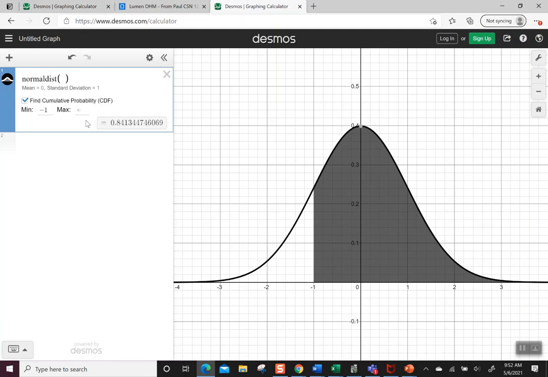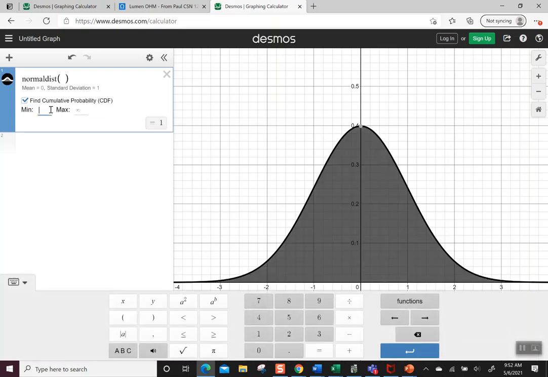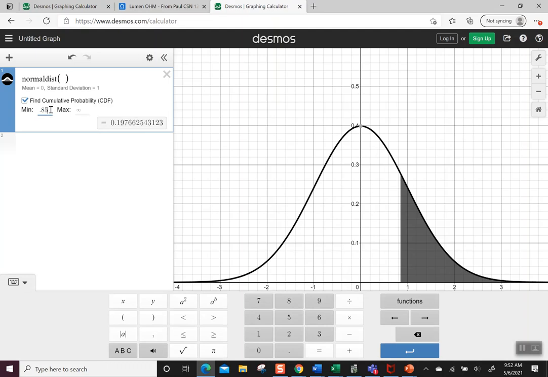I just go from the answer on the chart where I can see it's 0.8413 if I was going 4 decimal places. If I want to pick a bigger number, let's say I pick 0.85. Okay, now it says the information to the right is 0.19766. I would call that 0.1977 if I wanted to use 4 decimal places.